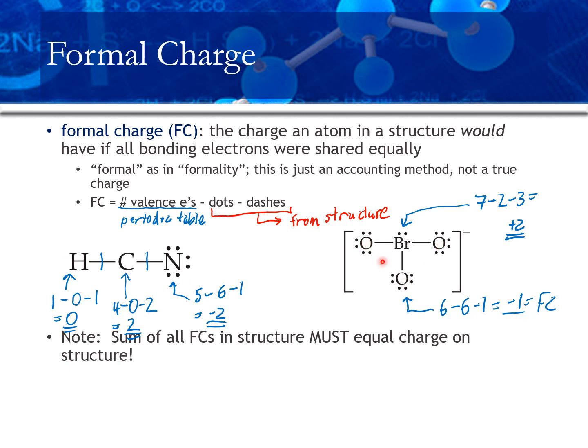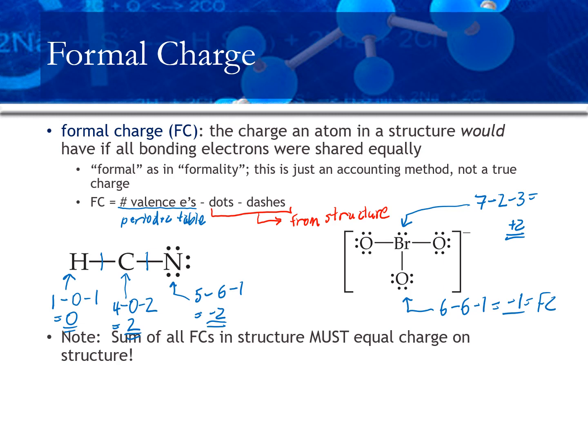So -1, -1, -1, that's a total of -3, plus 2 gives us a net charge overall of -1. If the sum of the formal charges doesn't add up to the charge on the structure, you've done something wrong and you need to find your mistake at this point. Either you've calculated formal charges wrong, or you've counted your electrons wrong, or both, but there's a mistake somewhere and you need to find it.